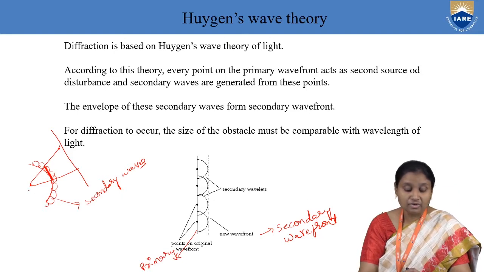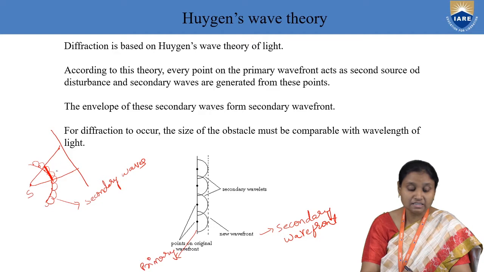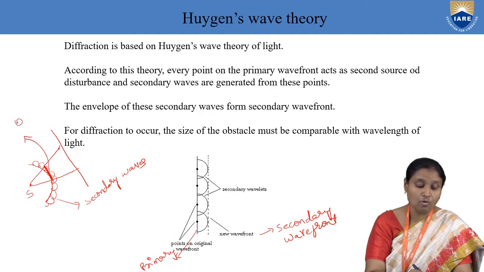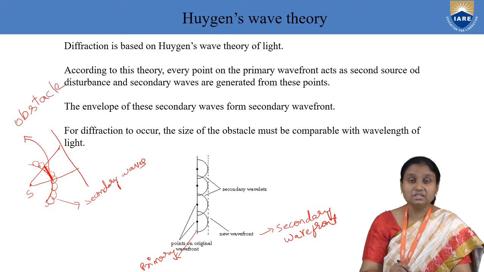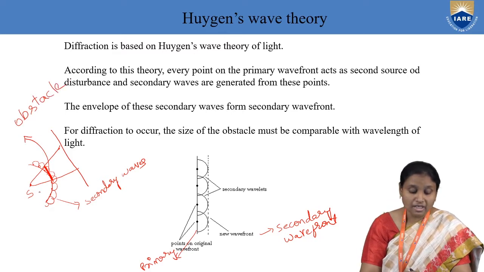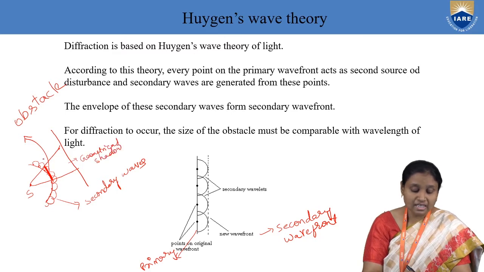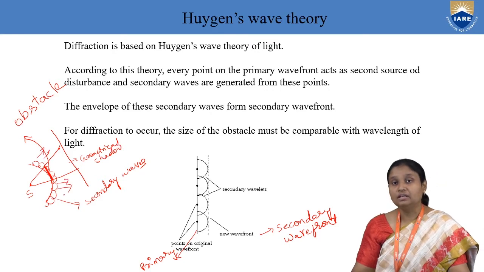Now this is your source of light, and I have kept an obstacle in the path of light. Here actually you should have a geometrical shadow, whereas here you should get light.